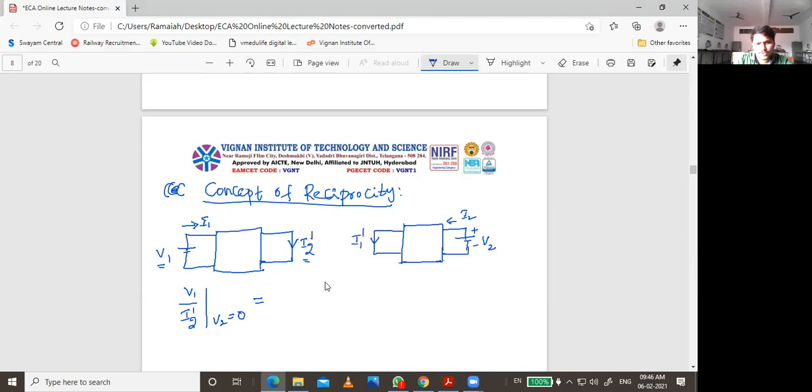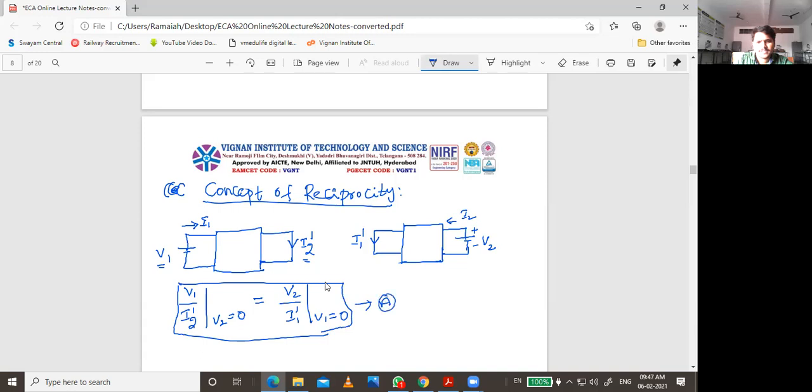So this is equal to V2 by I1 dash when V1 equal to 0. So if these two values are equal, then the network is said to be reciprocal.